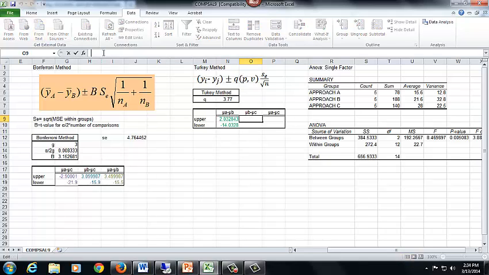Going over here, I can look at average in B minus average in C plus this 3.77 times this standard error divided by square root of 5. And again, they're equal, so it doesn't really matter which square root I do.